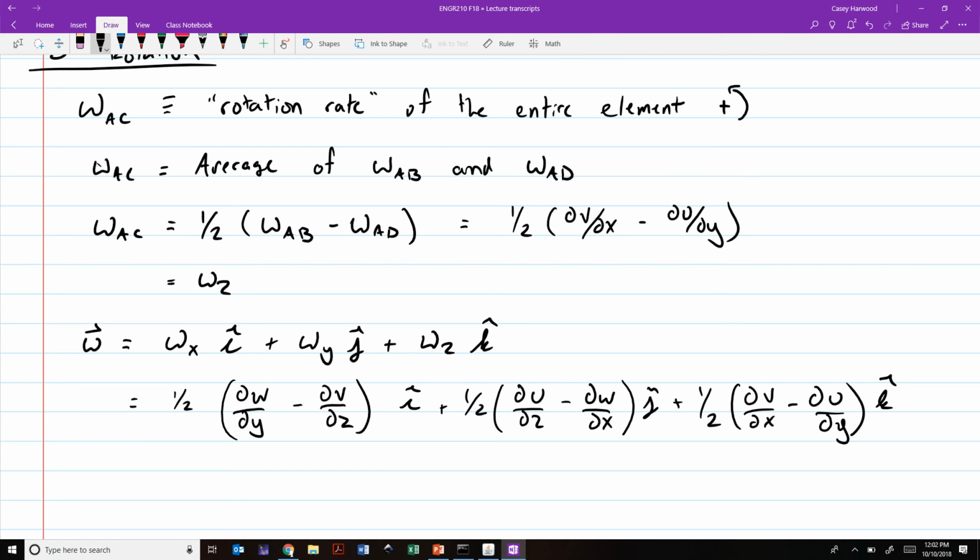Okay, so the takeaway here is that fluid rotation is a three-dimensional vector. Similar to dynamics, this is telling us essentially what the axis of rotation of our fluid element is, based on the velocity distribution near that fluid element.